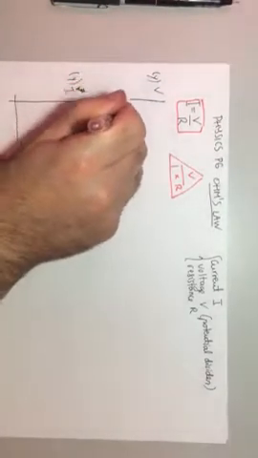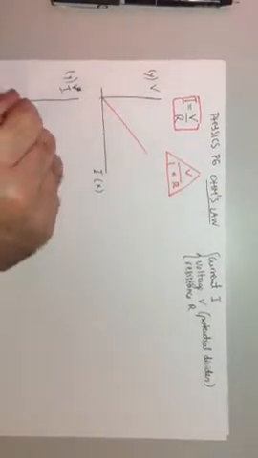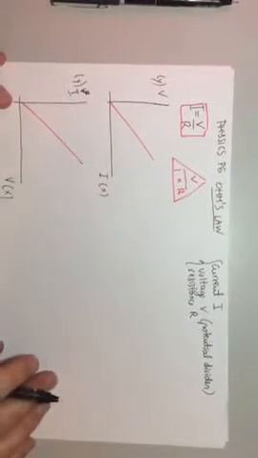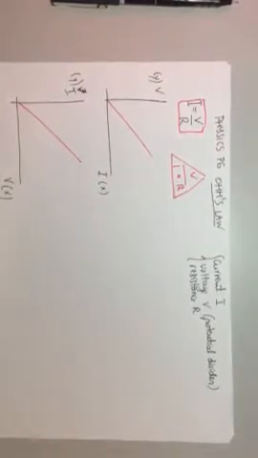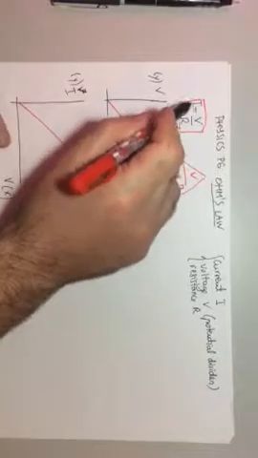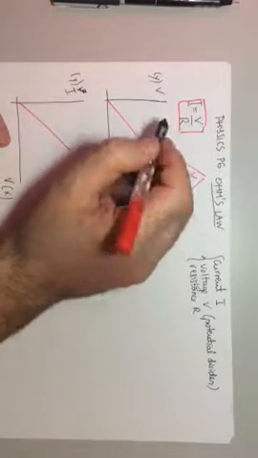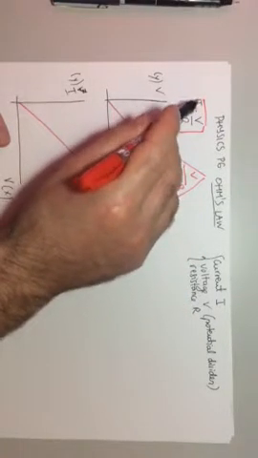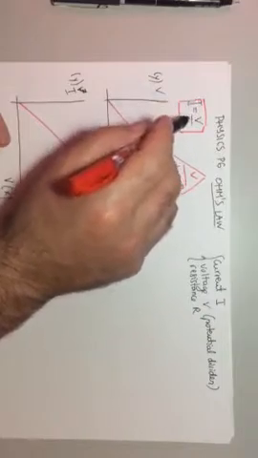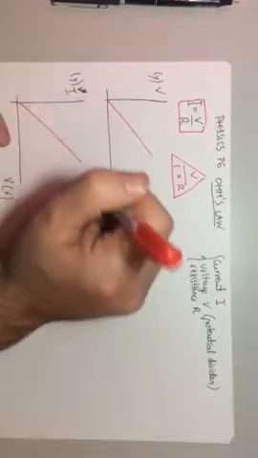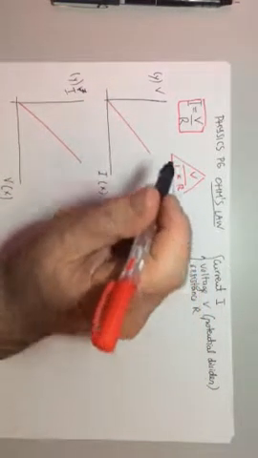So we have a straight line. If it's a straight line, it means that Ohm's law is followed. That means we have a direct, straight line relationship between voltage and current.